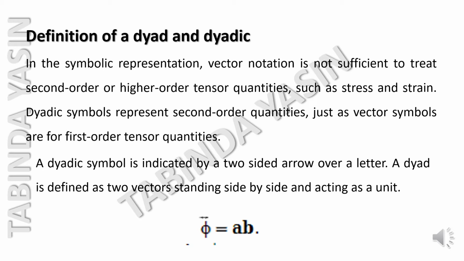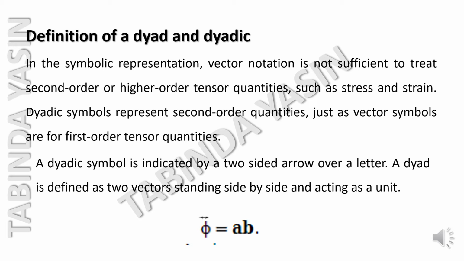The second order representation is different from the first order quantities, so the symbol is different from the vector symbol. A dyadic symbol is indicated by a two-sided arrow over a letter. If there is some letter designation, then there is a two-sided arrow above it.